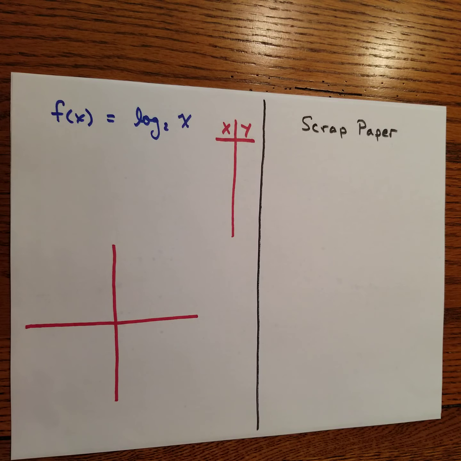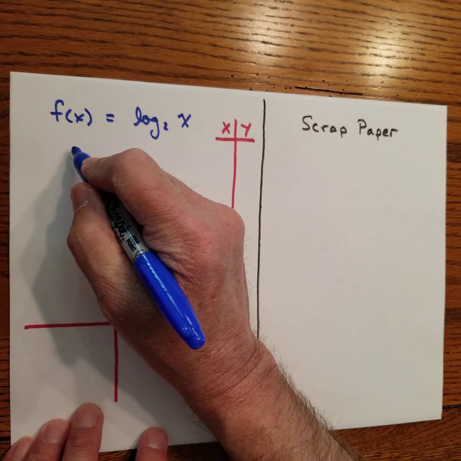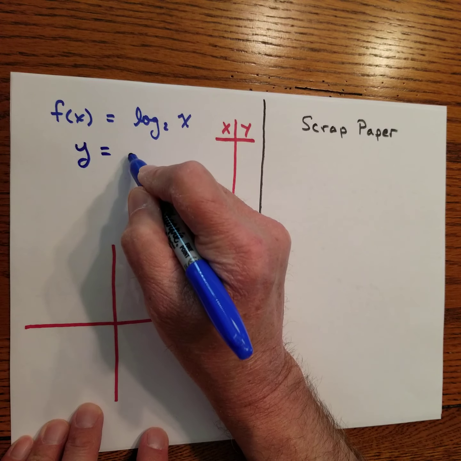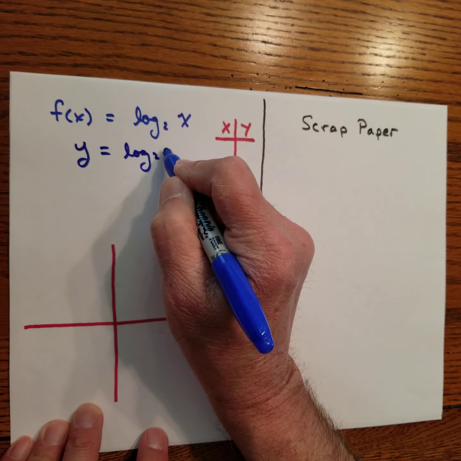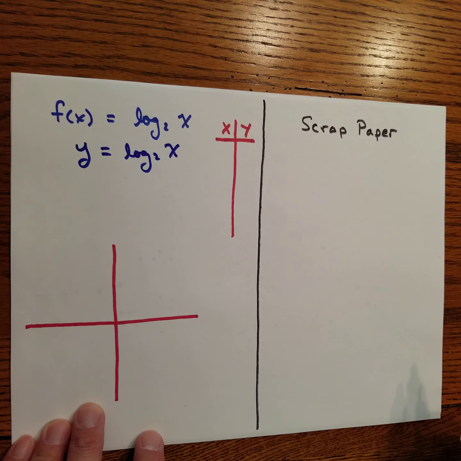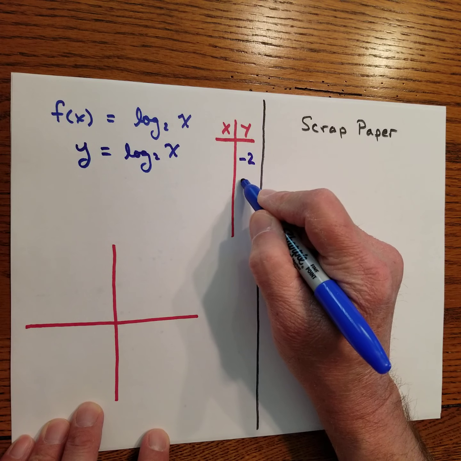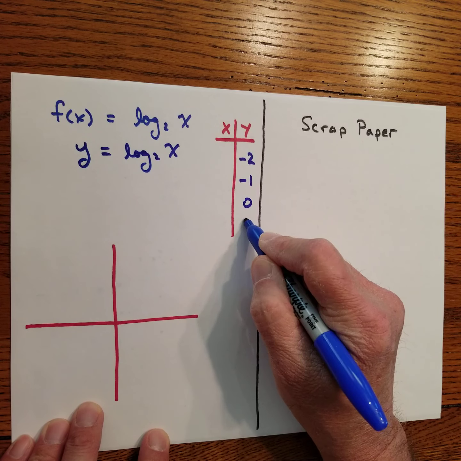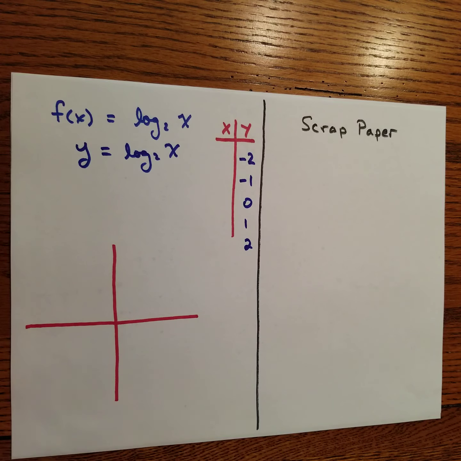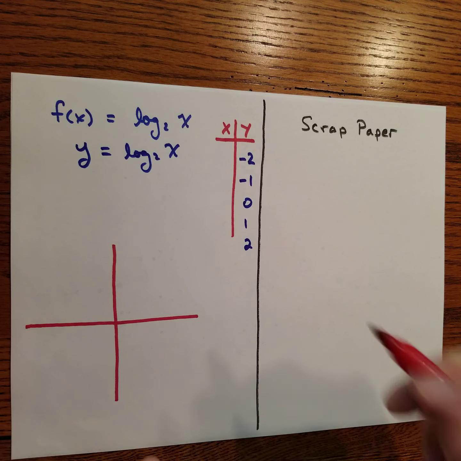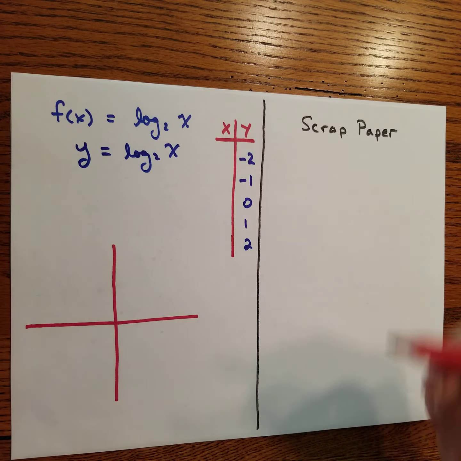Let's try another. I'll rewrite f of x as y equals log base 2 of x. It's a logarithmic function, so I'll choose smart y's and I'll plug them into the function to get x values back.